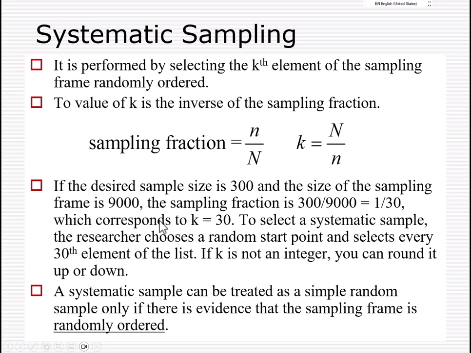Then to select a systematic sample, you choose a random starting point in the list. You then select every 30th individual in that list. If K is not an integer, you can round it up or down. So a systematic sample is a simple random sample only if the sampling frame was randomly ordered.